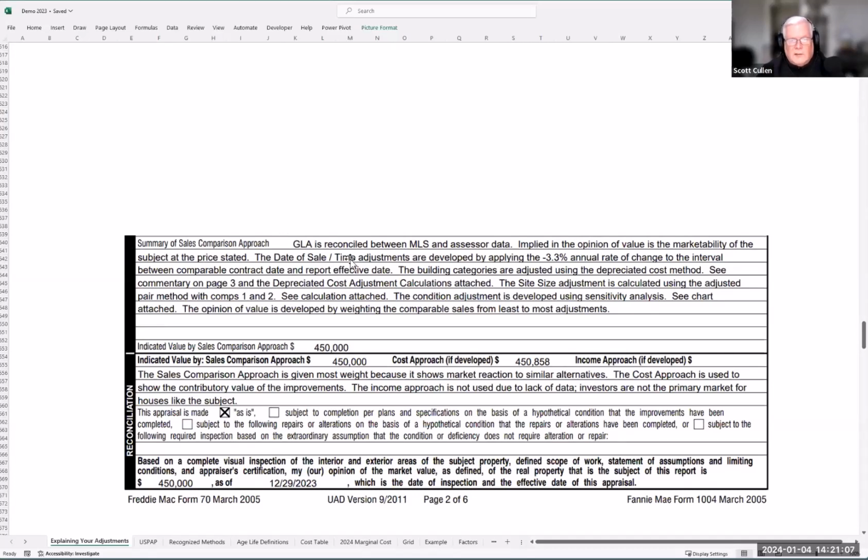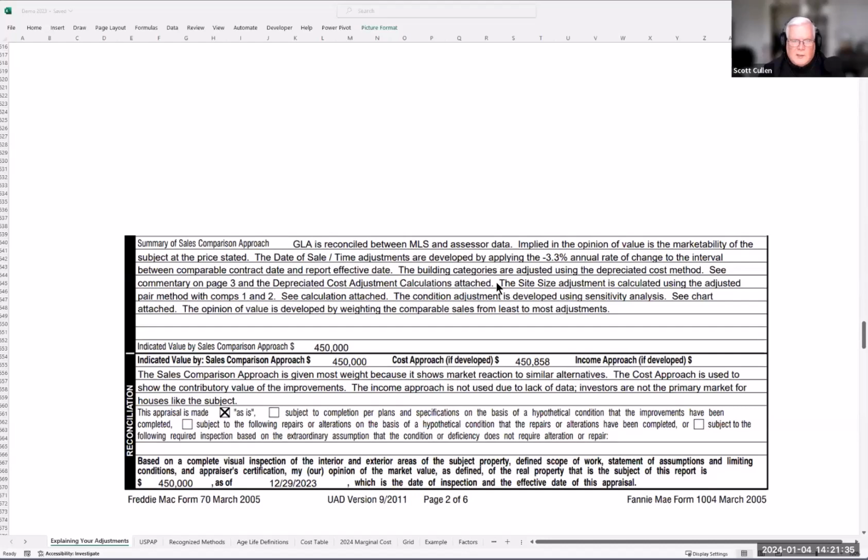The date of sale time adjustments are developed by applying the minus 3.3% annual rate of change. And that's something that I figured out outside of Solomon, actually in my MLS data. We can hop back to that later if we have some time. The building categories are adjusted using the depreciated cost method, and we talked about this. See the commentary on page 3 and the depreciated cost adjustment calculations.